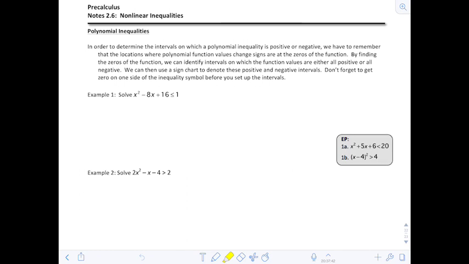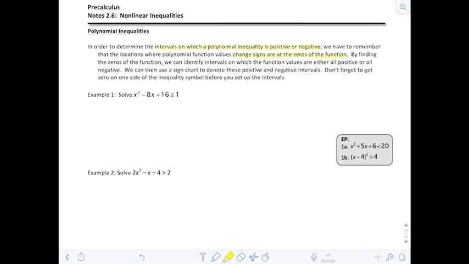So to determine the intervals on which a polynomial inequality is positive or negative, we have to remember that the locations where polynomial functions change sign are at the zeros of the function.